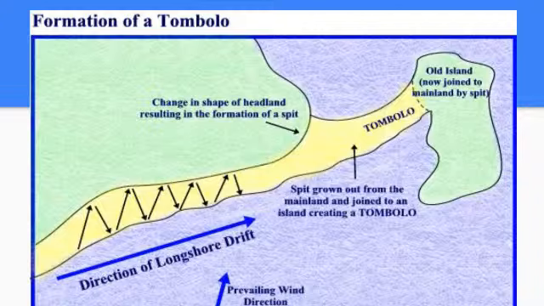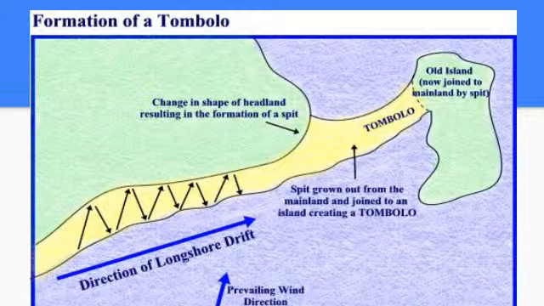For a spit, for example, the Palisades in Kingston, Jamaica, where our airport is, it is actually on a spit. So they can grow so strong and become so firm that you can actually build on them, and it's fine to do so.